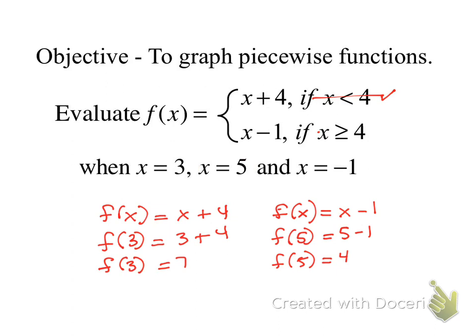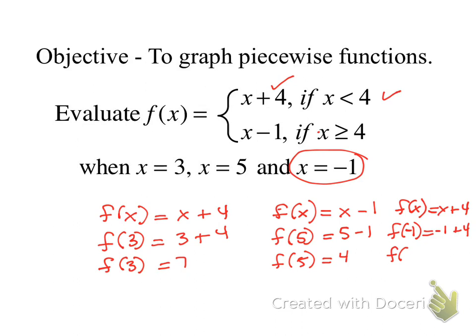Okay, now we have another domain they're asking us about, which is -1. Which domain restriction does it fall under? Less than 4, this one right here. So I use this equation, the f of x equals x plus 4. The f of the input -1 equals -1 plus 4.